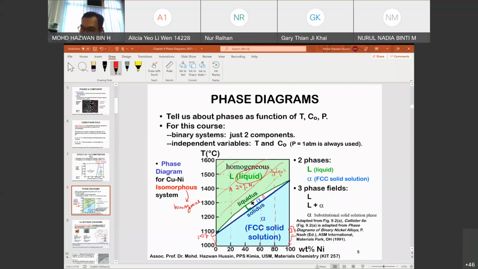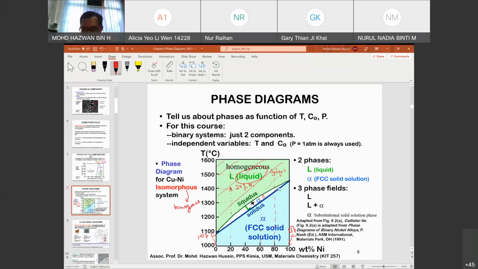So point B. What is the phase? Do you know or not? You can just guess. What's your guess? I don't know. Point B, where is it located? Which region? It is between solid and liquid. Okay. You see B? I think you can see B is actually located in the white region, right?